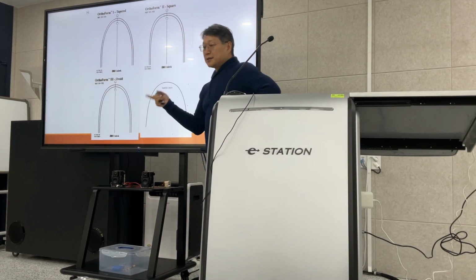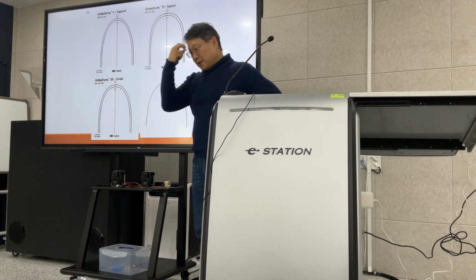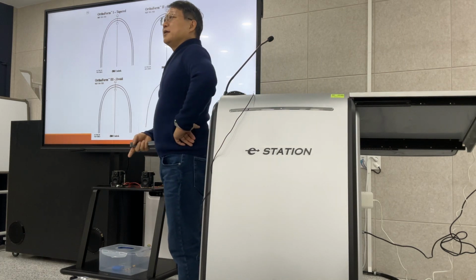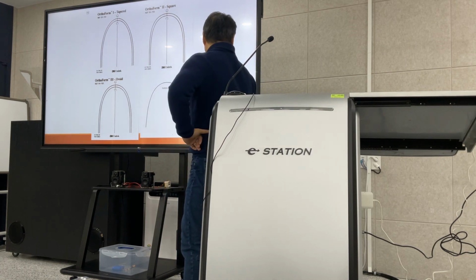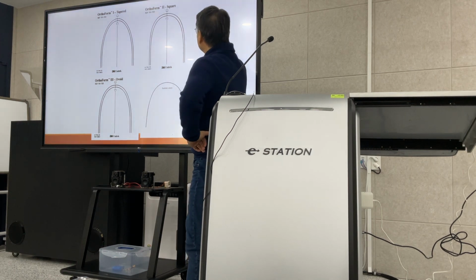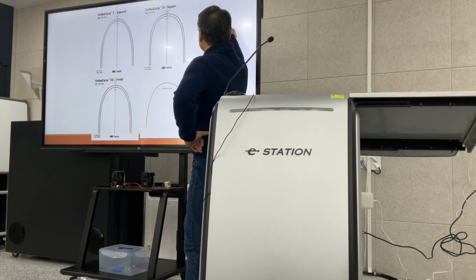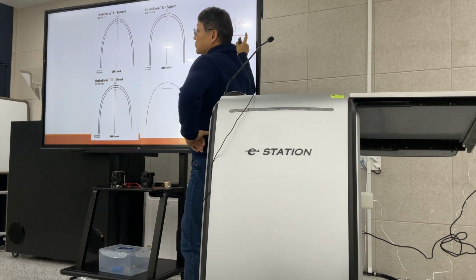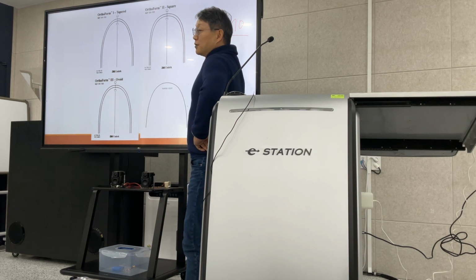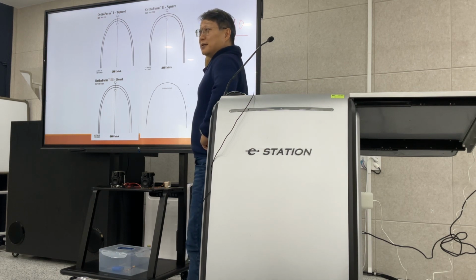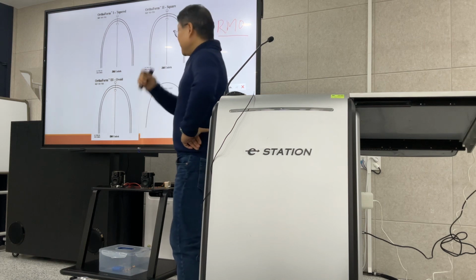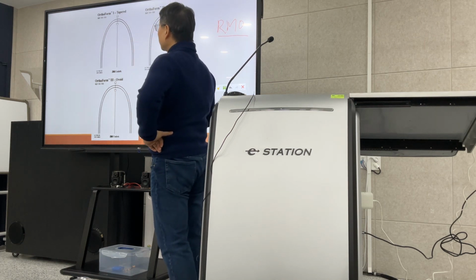So this is another problem. There are lots of companies. RMO is a very famous American company. Maybe until 2000, this company was the biggest company, right? You might remember. But these days, there is lots of change.